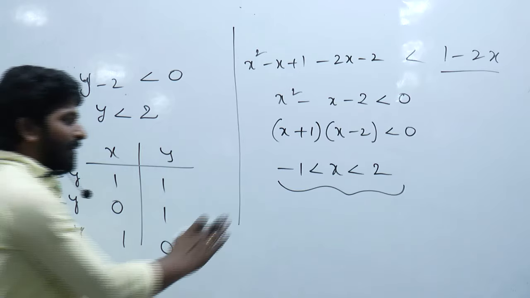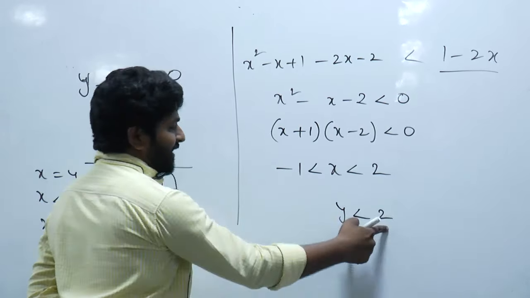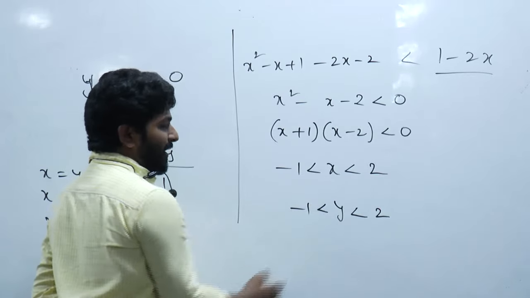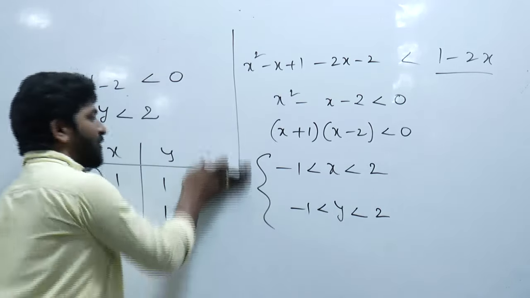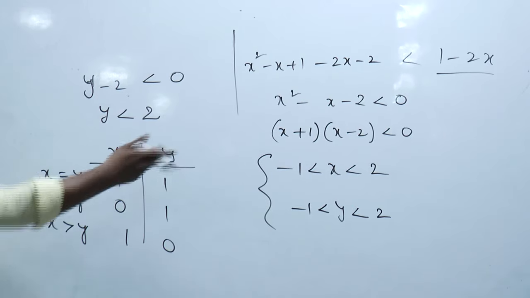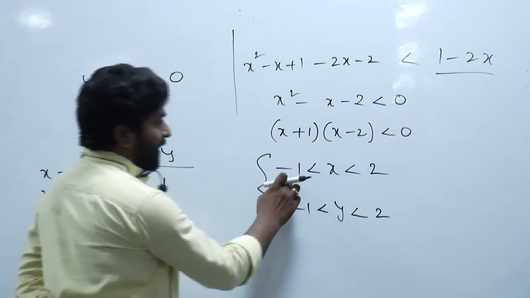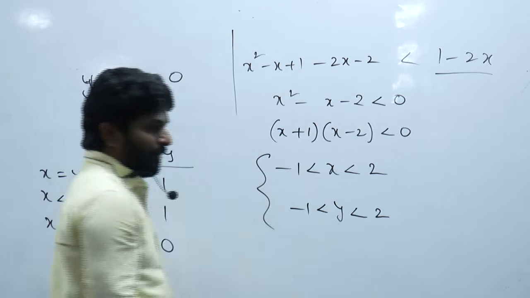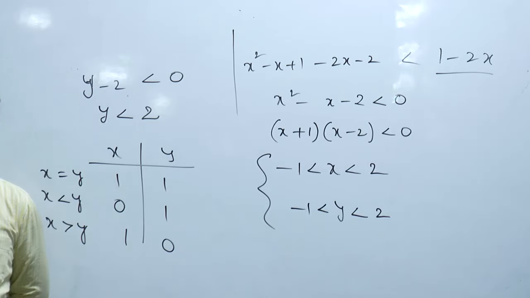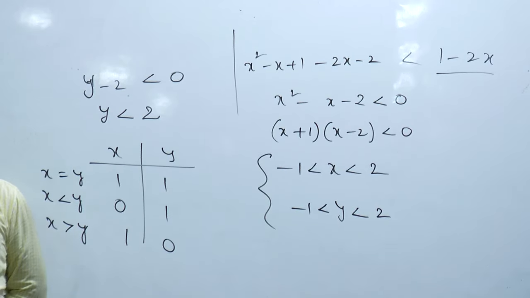Even if you get y less than 2 but greater than minus 1, in this case also your answer is cannot be determined. The same examples you can take. Are you getting my point? If you have a range including negative to positive numbers for any variable, the answer cannot be determined. You will not get the actual relation.